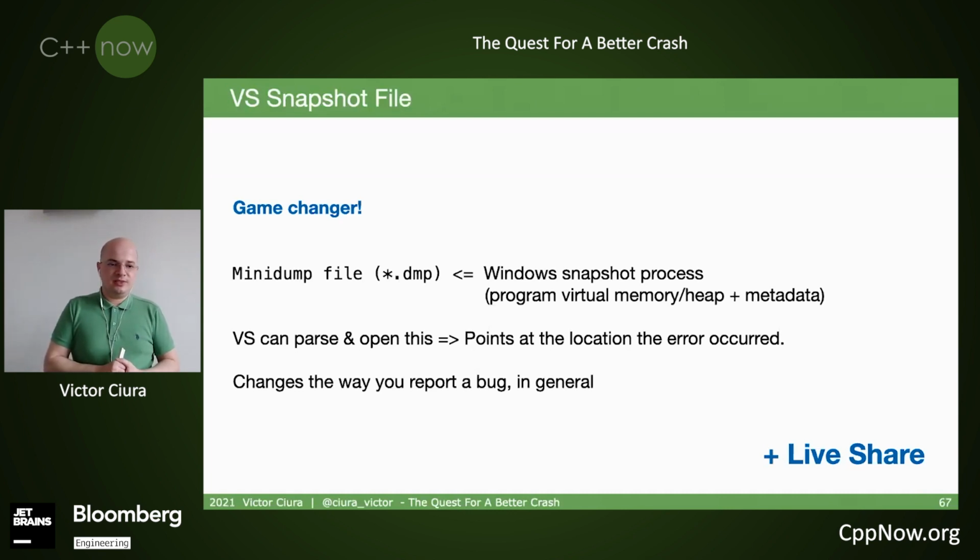So it's basically a mini dump file. The Windows snapshot process captures the program virtual memory and heap and metadata, and packages all this in this mini dump file. And it has some restrictions in terms of operating system targets, but I think it works all the way down to Windows 7, if I'm not mistaken.